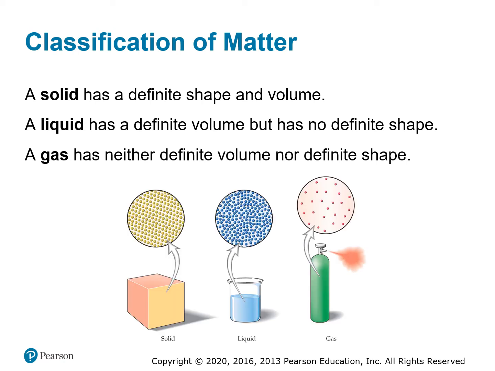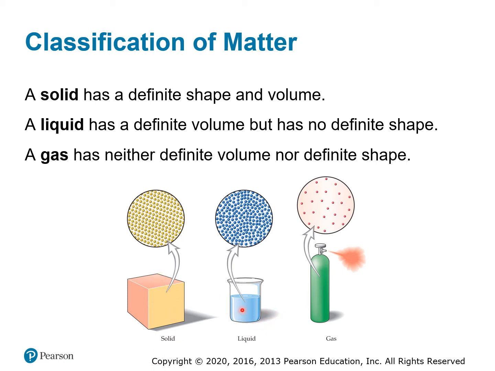And here's a diagram which gives a good visualization to imagine solids, liquids, or gases. So here is a block of solid, and you see how these atoms are organized in an orderly manner. They're so compact, so close and tightly packed together, that it gives a fixed shape to a solid.